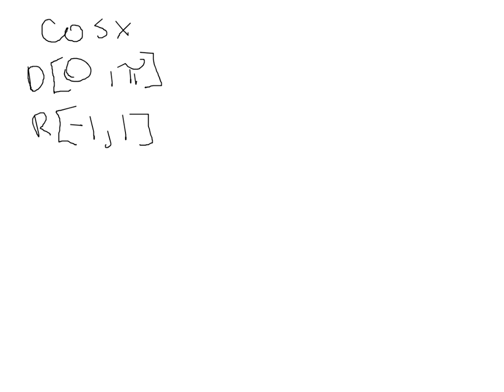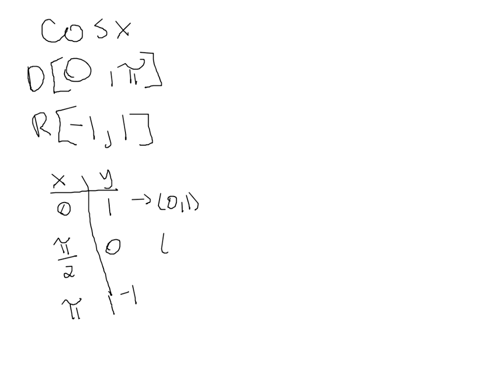So there's my domain, 0 to pi, and my range is -1 to 1. I have some points of interest. When x is 0, cosine is 1. When x is pi over 2, y is 0. And when x is pi, cosine of pi is -1. So I get the 3 points, 0, 1, pi over 2, 0, and pi, -1.